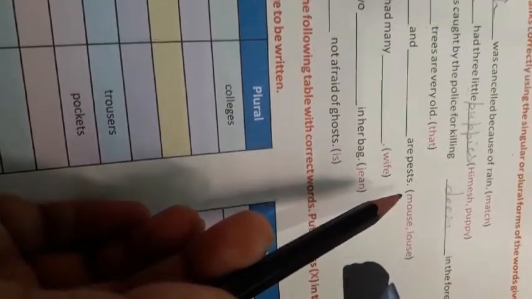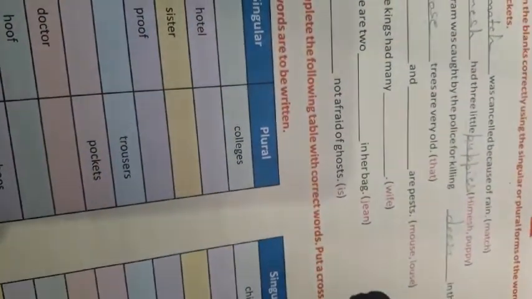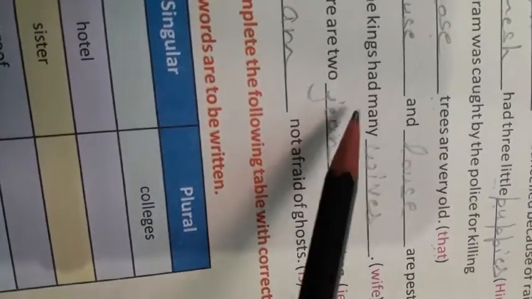Those trees are very cold. Dash and dash are pests, which means mouse and louse are pests. Some kings had many, and in the bracket it is written wife. So many, it's going to be wives. Some kings had many wives.